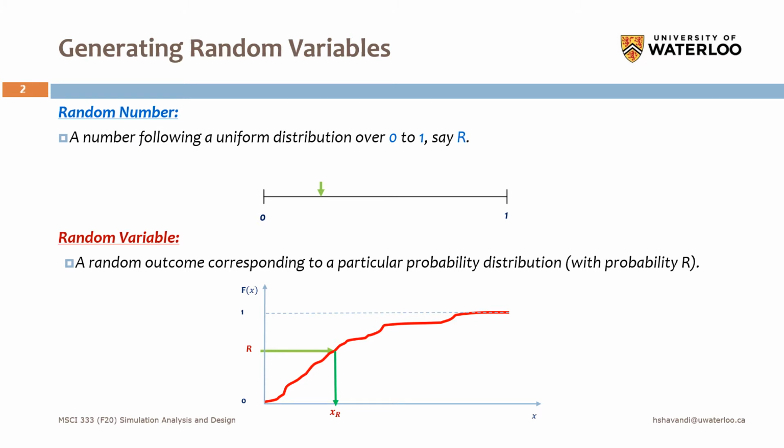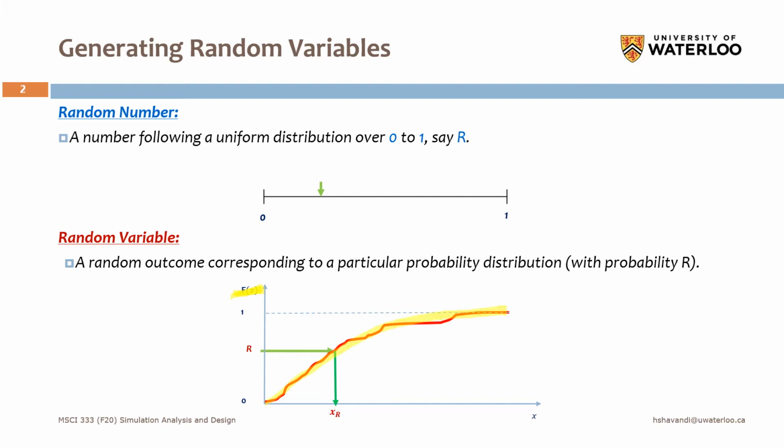At first, we need to obtain the CDF, the cumulative distribution function, of that distribution. For the specific distribution that we have, we first obtain the CDF, capital Fx. As you know, any CDF will be a curve like this.